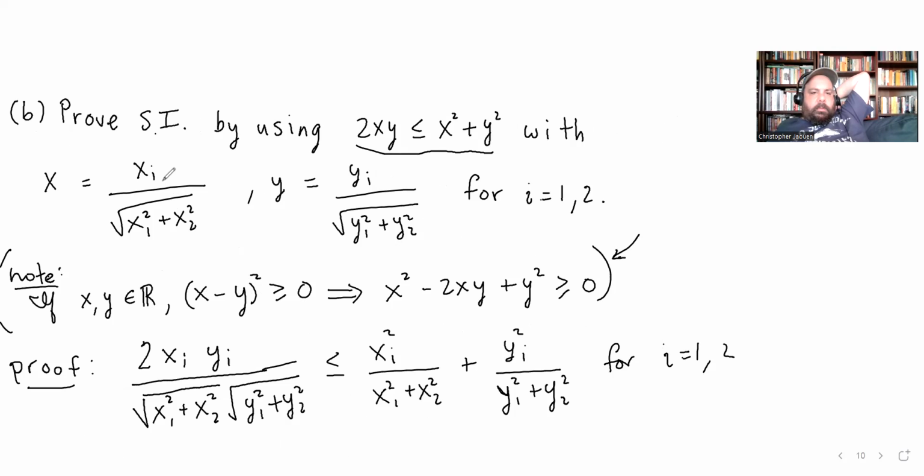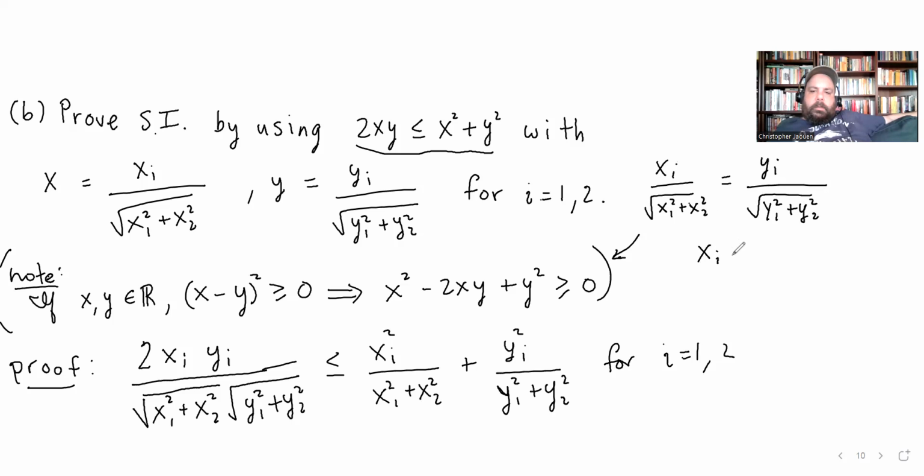So if x is equal to y, then that means that these things are true: y1 squared plus y2 squared, which means that xi, remember i can be 1 or 2 here, would be equal to the square root of x1 squared plus x2 squared over the square root of y1 squared plus y2 squared, times yi.